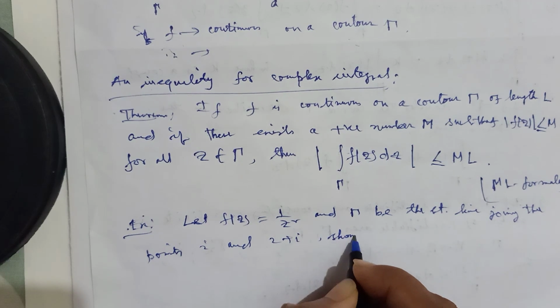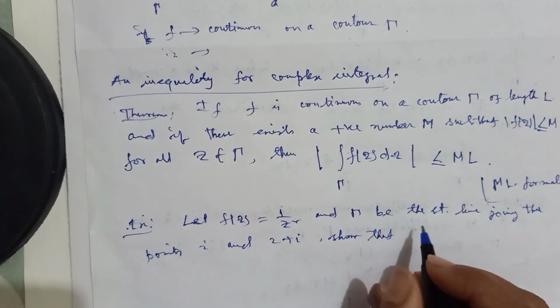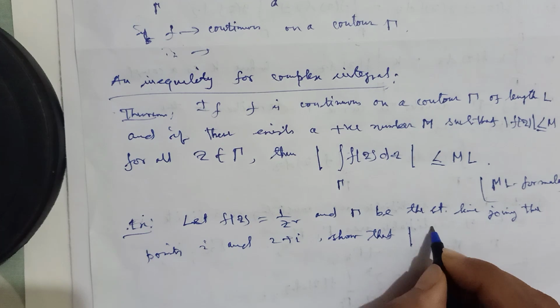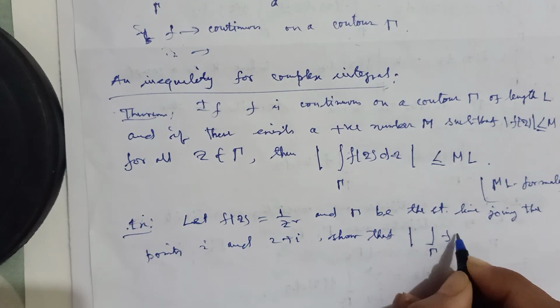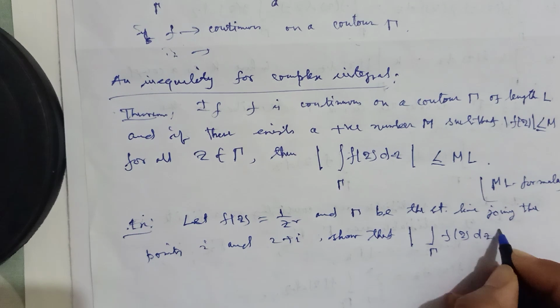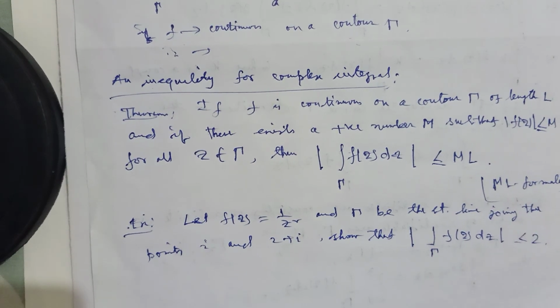Show that the modulus of the integration over gamma of f(z) dz is less than or equal to 2.